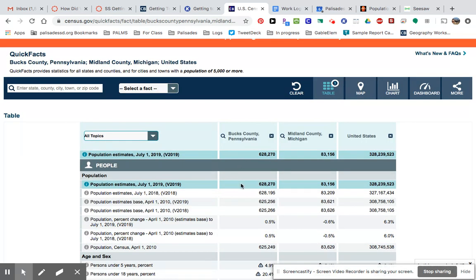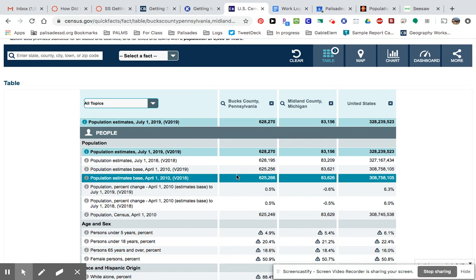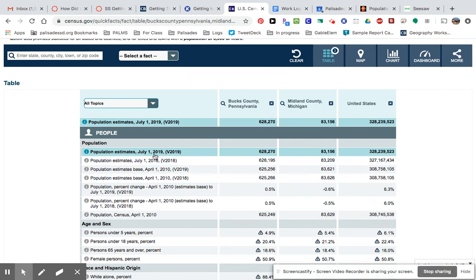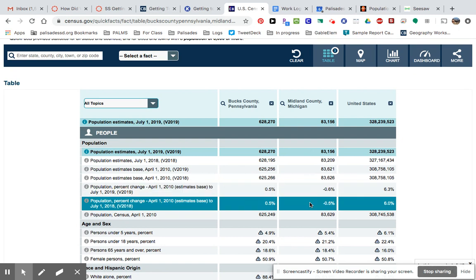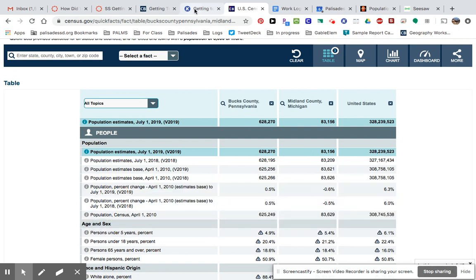And now you'll see the information for Bucks County. Wow, just taking a look here. Population in 2019, 628,000 versus Midland County, which had 83,000. So maybe that puts that into perspective a little bit. Midland County is tiny compared to Bucks County. And then I'll let you tomorrow go through and see some of these comparisons as you complete the table.